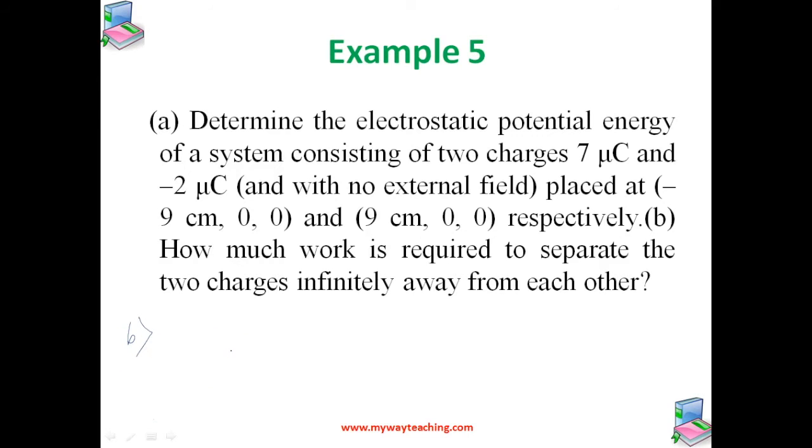This is the first part. Now let us see the solution for the second part of the question. The second part of the question is, how much work is required to separate two charges infinitely away from each other?